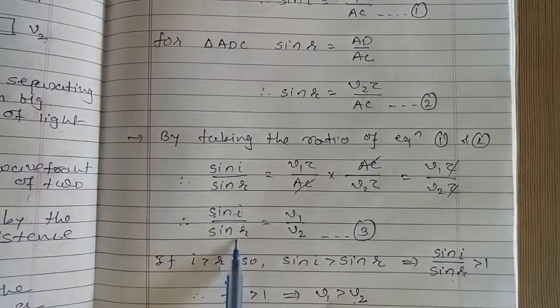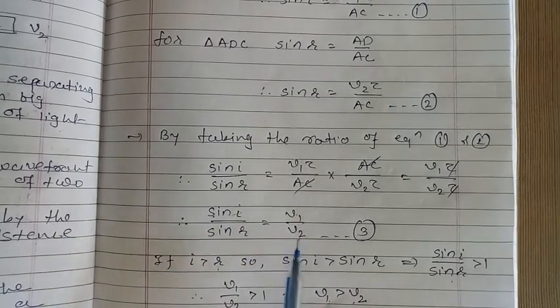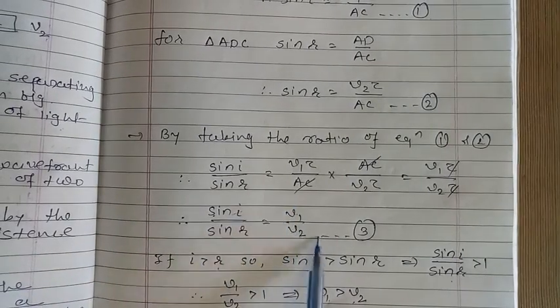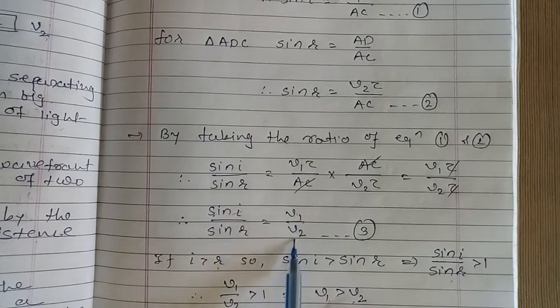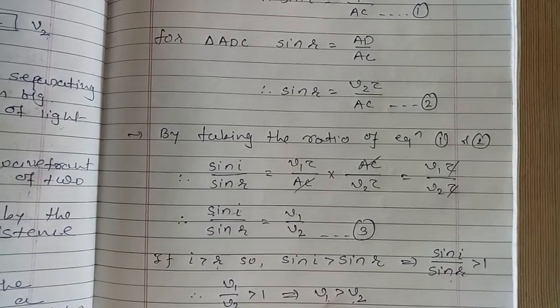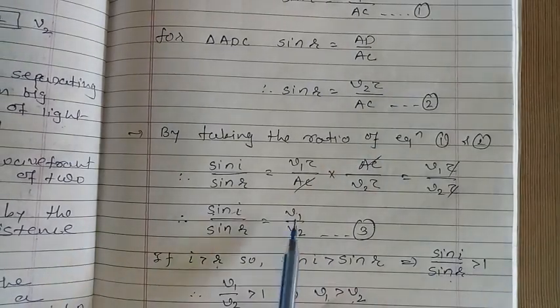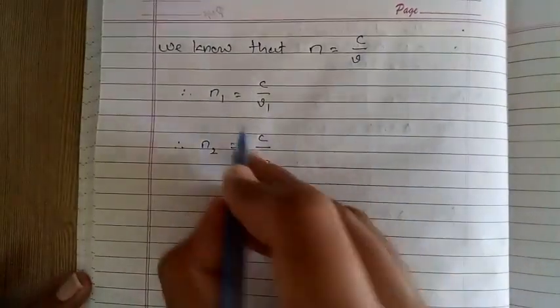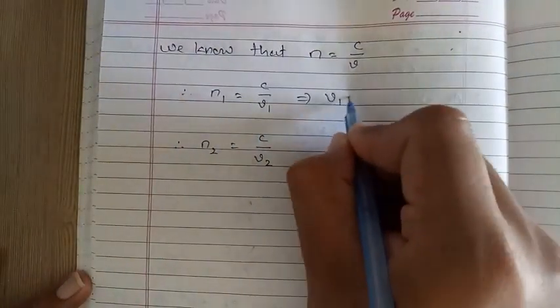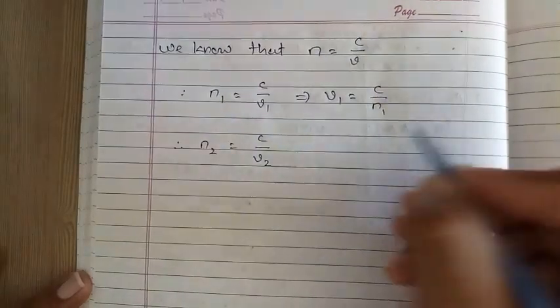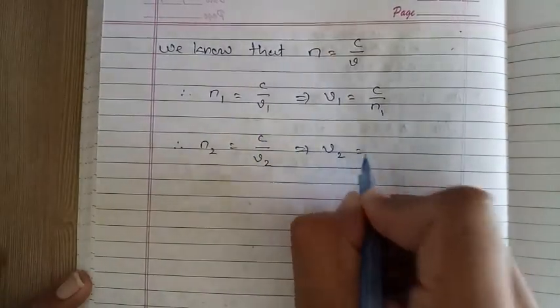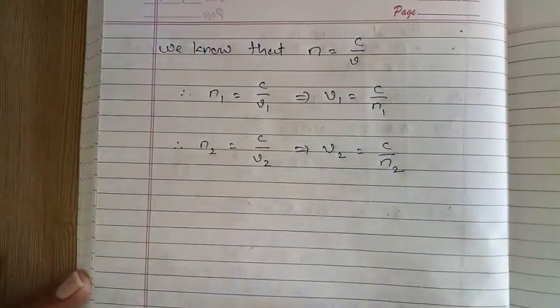So here we have to find the ratio sin I upon sin R, which is equal to V1 upon V2, and prove its relation with the refractive index. So we have to find the values of V1 and V2. We get V1 is equal to C upon n1, and V2 is equal to C upon n2.